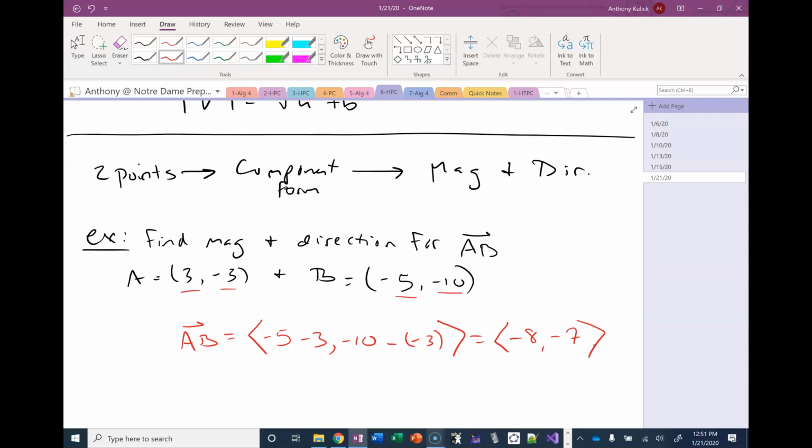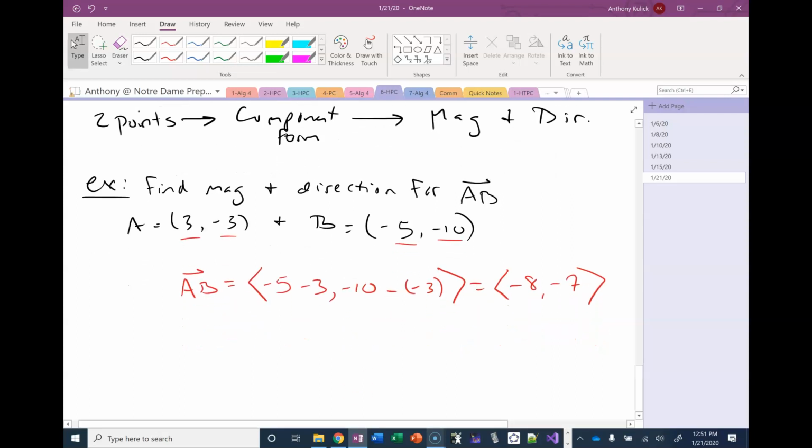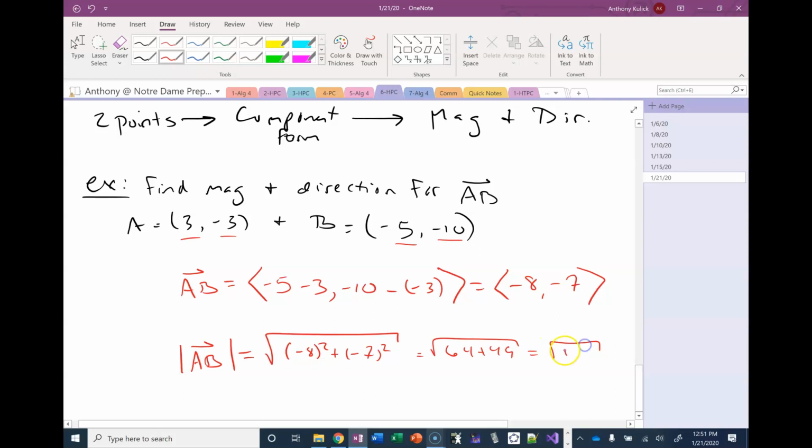Everybody okay there? Now that I am in component form, it's easy to calculate the magnitude. I can use just that formula that I've used before.